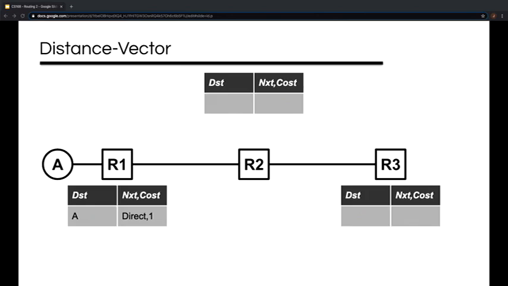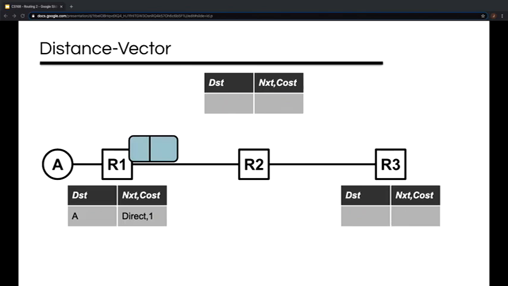All right, so what happens next? You've got to tell R2 that you've got this route, right? So we're going to make a packet to send to R2 to tell them something.